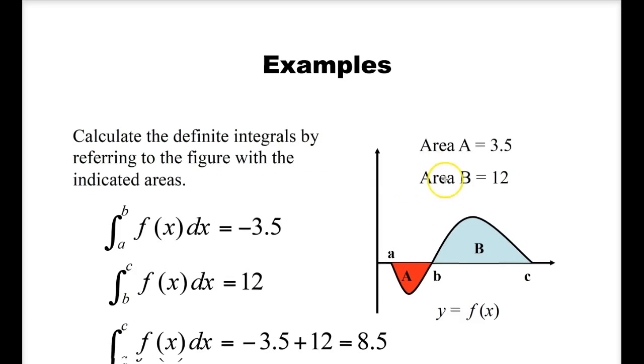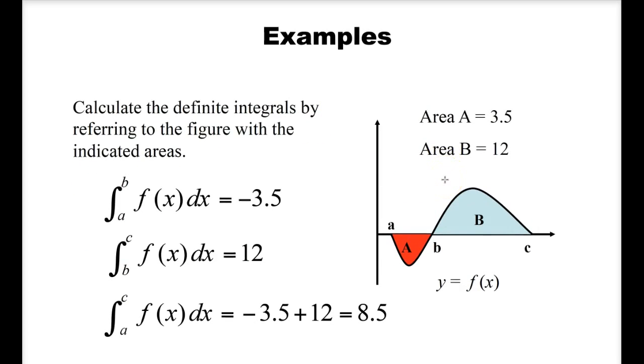Now, if we look here as an example, we'll see that if the area of A is 3.5 and the area of B is 12, then how we would actually interpret this is the area under the curve of the function f of x from A to C would actually be split into two different areas.